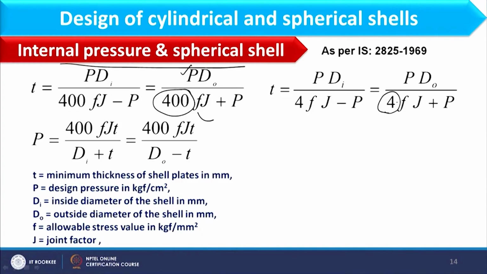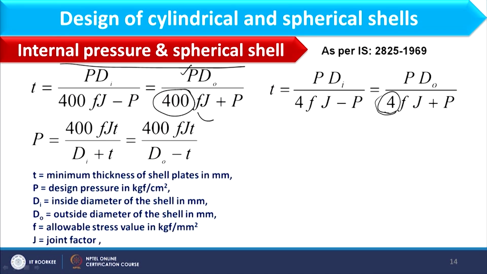Further, if I consider internal pressure and a spherical shell, as per IS 2825, here instead of 200 I have 400, because the acting area for pressure will be different. P and F will have different units, and therefore this 400 is there.